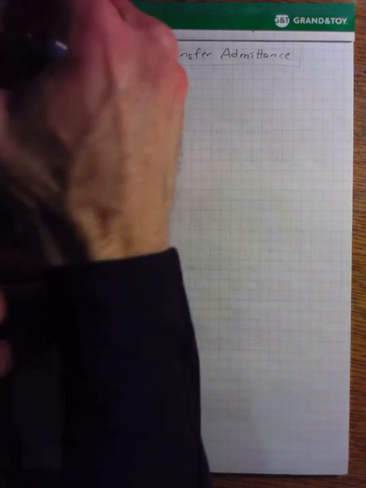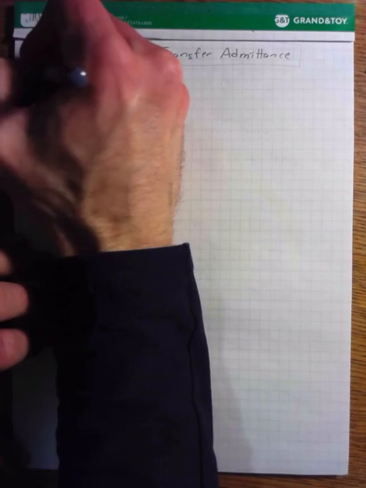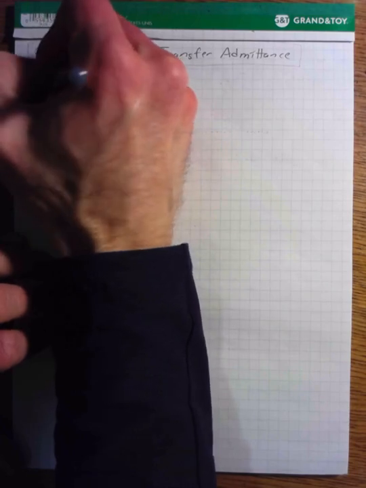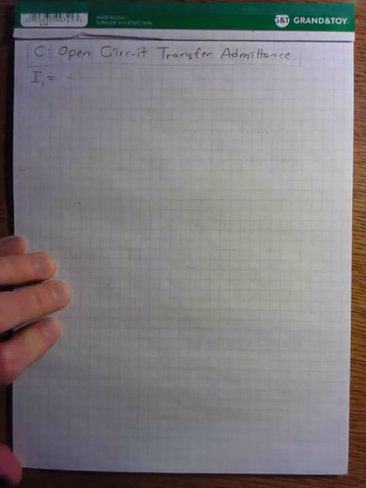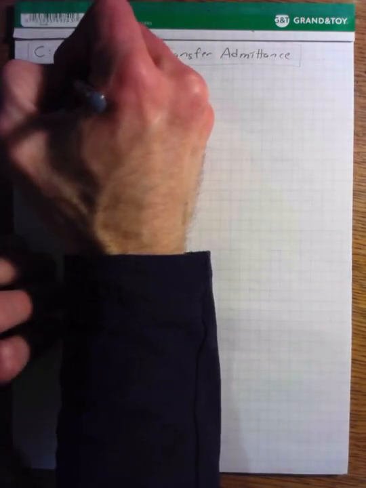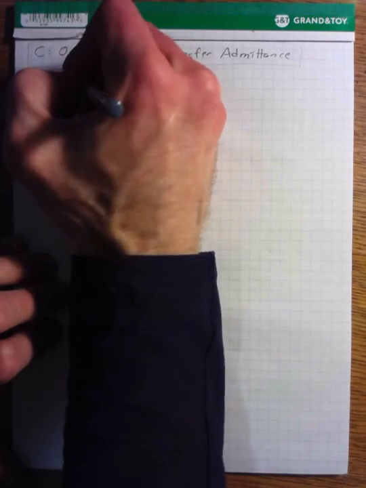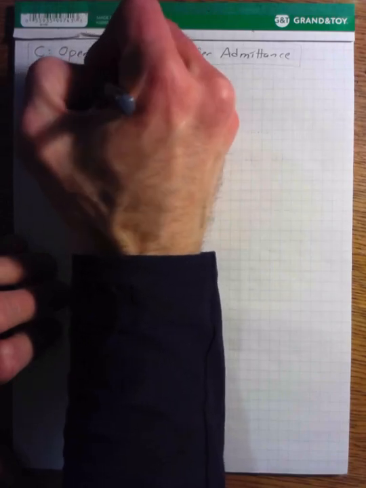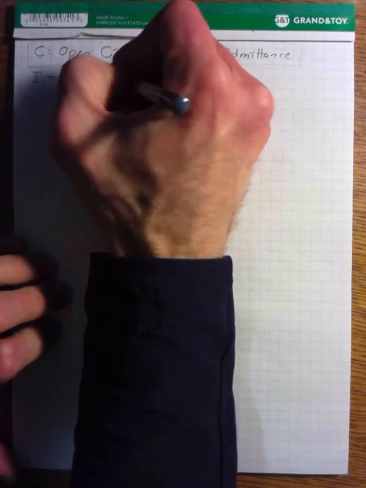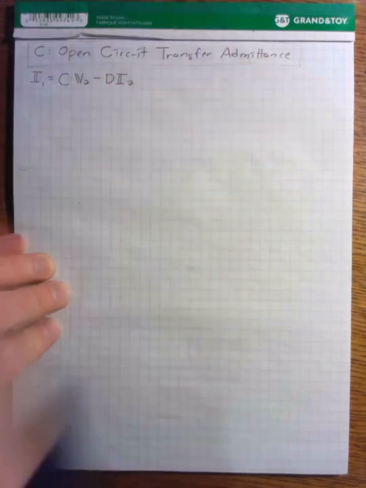Okay, now let's solve for parameter C. So parameter C is called the open circuit transfer admittance. We are going to first of all write the equation that contains C in it. So this is our second equation, and it's equal to C times V2 minus D times I2.